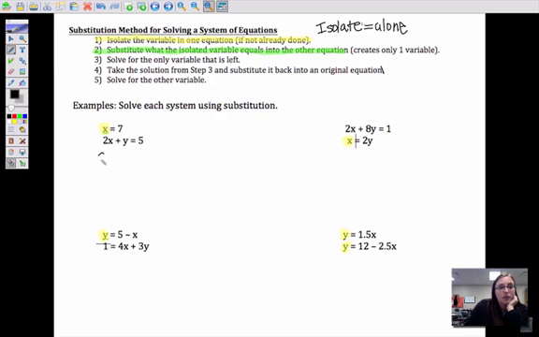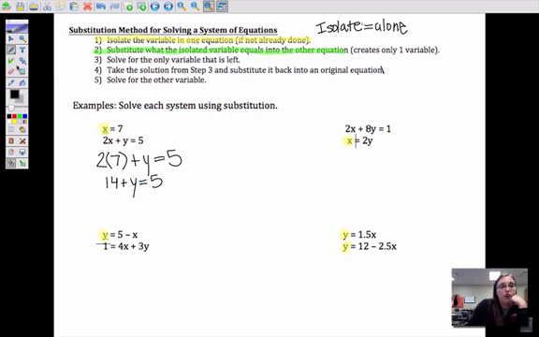In this equation, I'm going to substitute the 7 in place of the x. So I rewrote that second equation and I substituted the x for a 7. That way, all I have left is one variable. I have a y. So 2 times 7 is 14. 14 plus y equals 5.